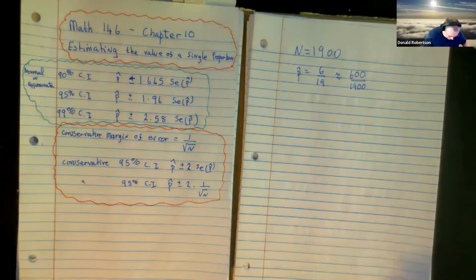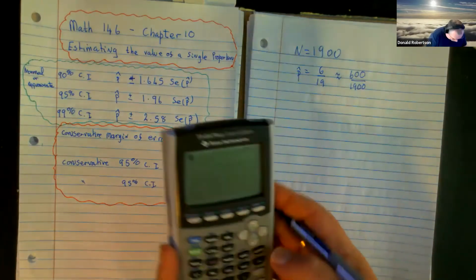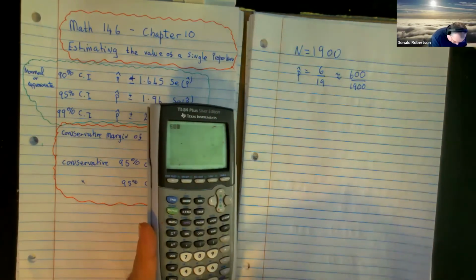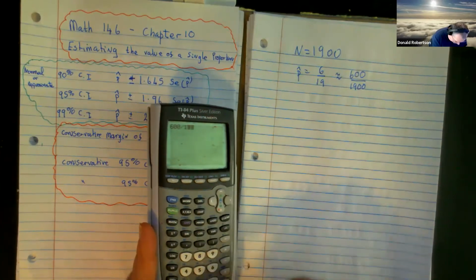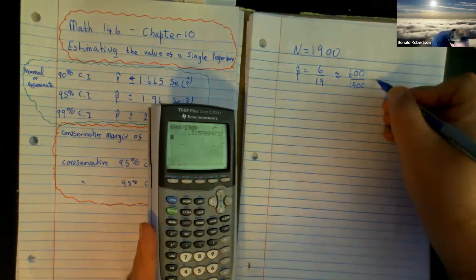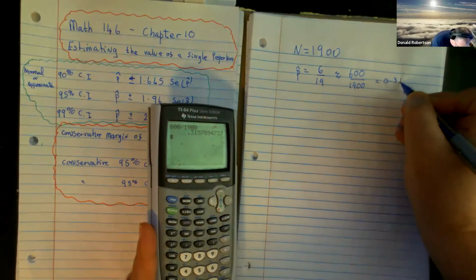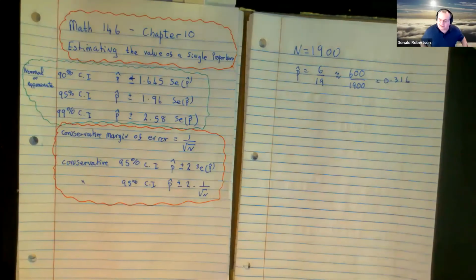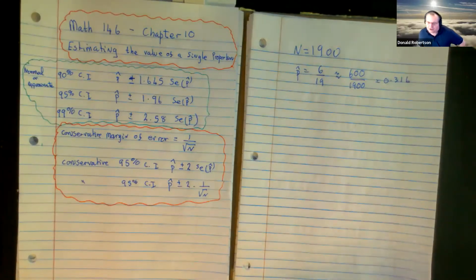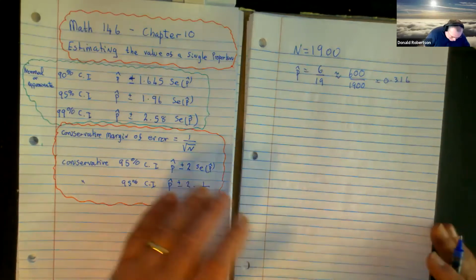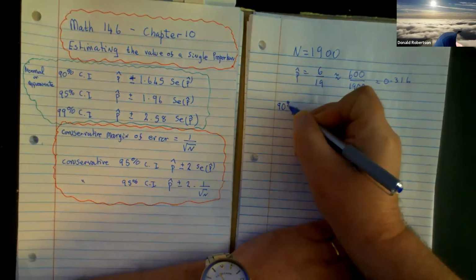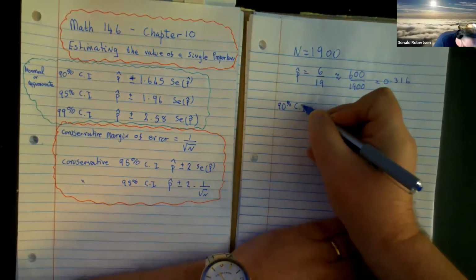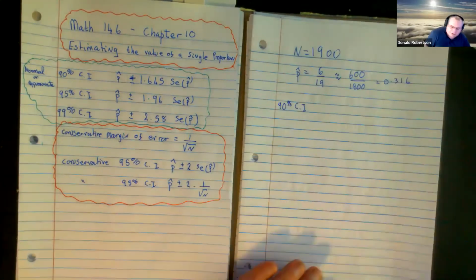Now I'm going to turn that into a decimal, because decimals just work better with calculators. 600 divided by 1900, and the answer I get is 0.316, so 3 decimal places, 31.6% of you. And we are going to find a 90% confidence interval based on this data.